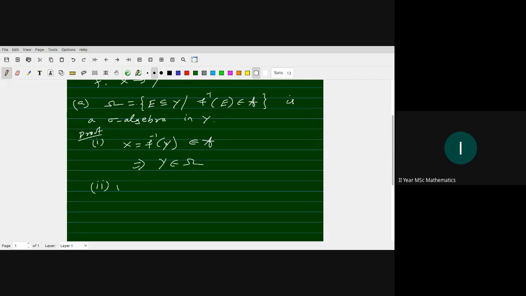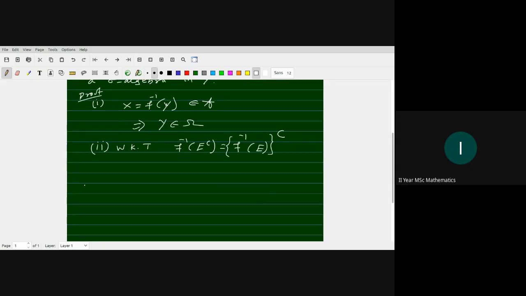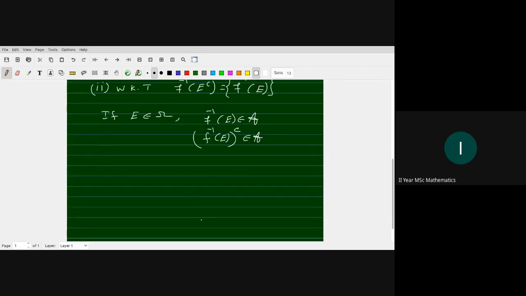Second point, we know that f inverse of E complement is f inverse of E whole complement, right? So we are going to use this property to prove that if E belongs to omega, then E complement belongs to omega. So if E is in omega, where will f inverse of E be? It must be in A. If an element is in A, its complement is also in A, since A is a sigma algebra. And by the first property, f inverse of E complement is f inverse of E whole complement.